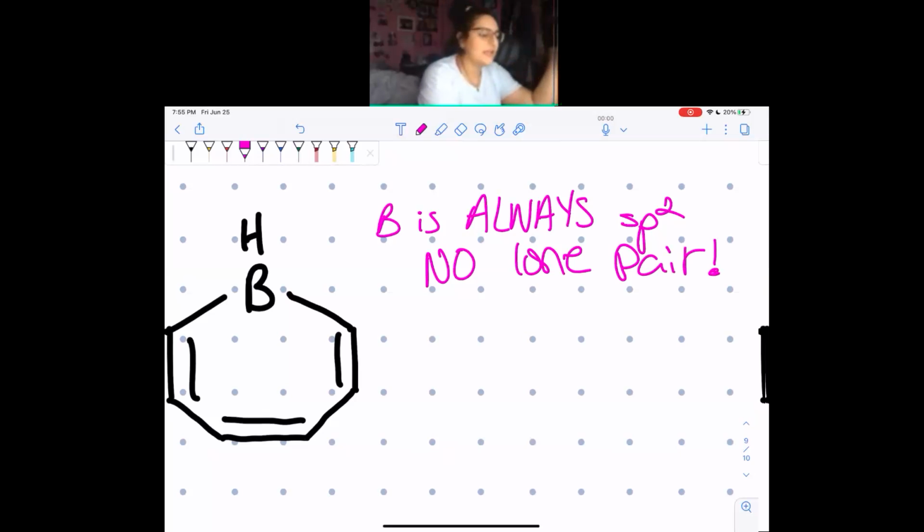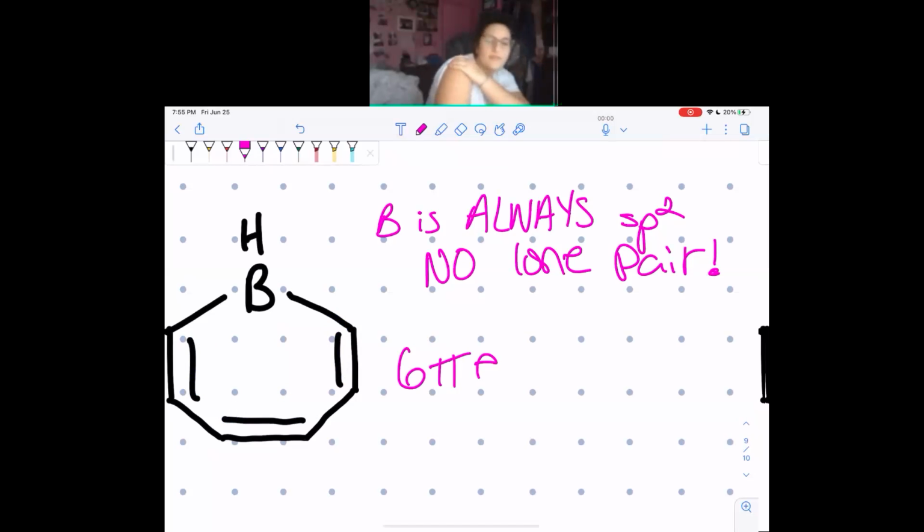So essentially, boron works like a carbocation. So it has to be sp2. So we are cyclic, we are planar, we are fully conjugated, and we have 2, 4, 6 pi electrons. So this one is aromatic.